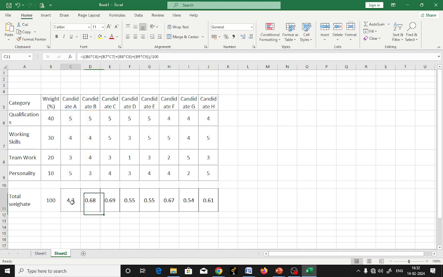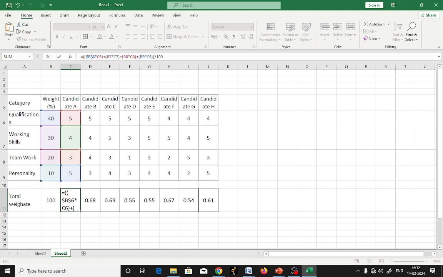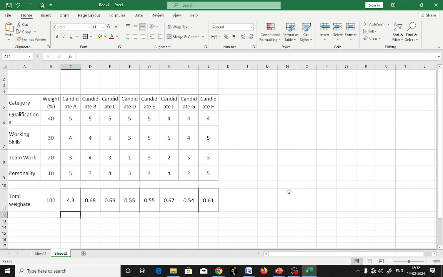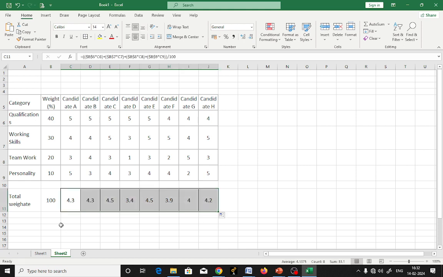What I'll do now is fix the column B values here. I'll put the dollar sign. Right? Now column B is fixed using the dollar sign. Now I will drag all the values. Now you just observe here, you got a weightage.